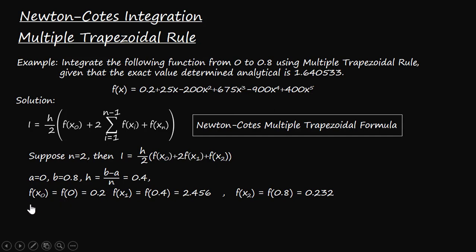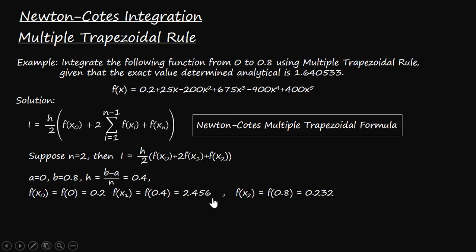So the value of f of x naught, which is basically f of a, that is f of 0, equals 0.2. Similarly, f of x1, which is f of 0.4, equals 0.456, and the last value f of x2, which is basically f of b, that is f of 0.8, equals 0.232.